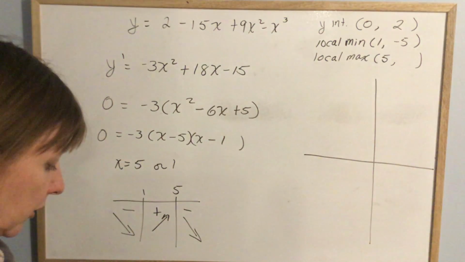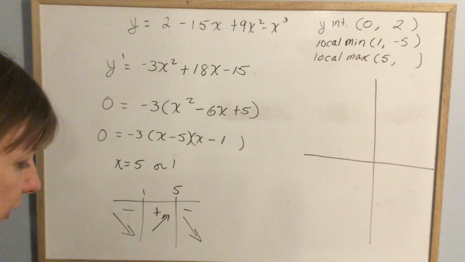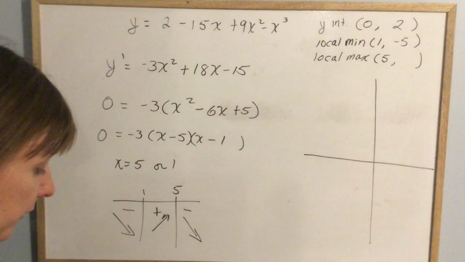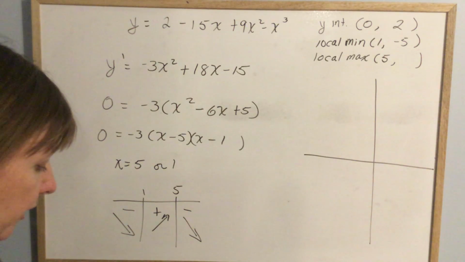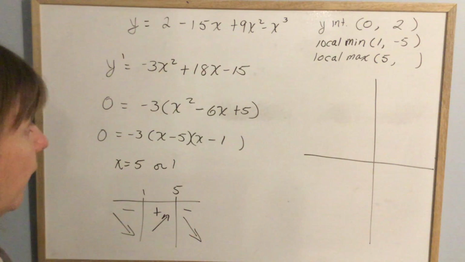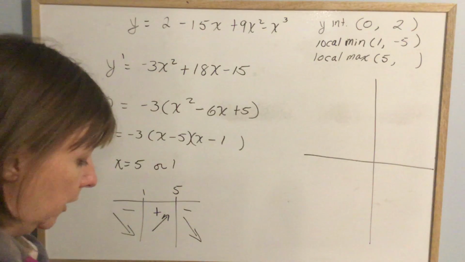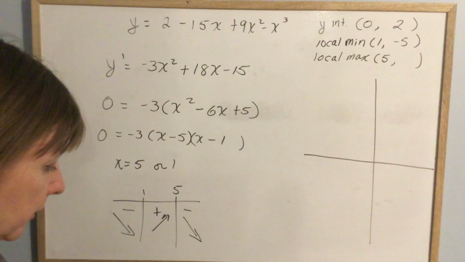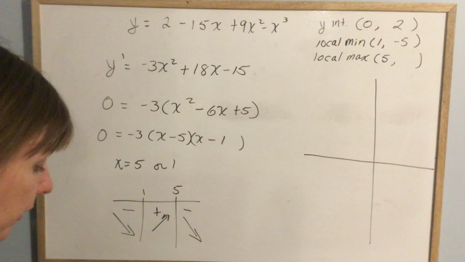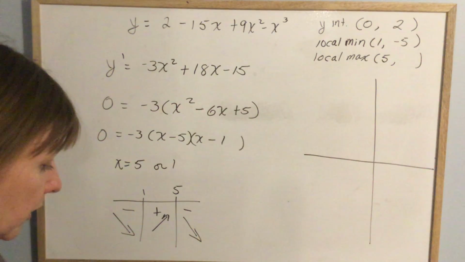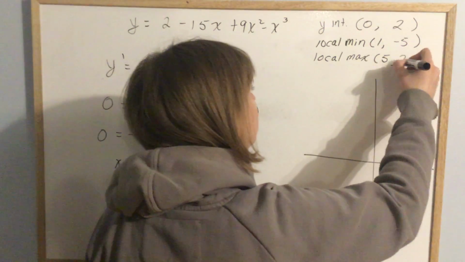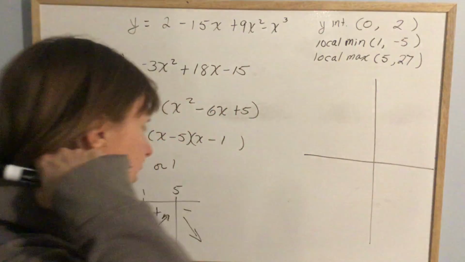So 2 minus 15 times 5 plus 9 times 25, because 5 squared is 25, minus 5 cubed gives me a positive 27. So that's my local maximum.